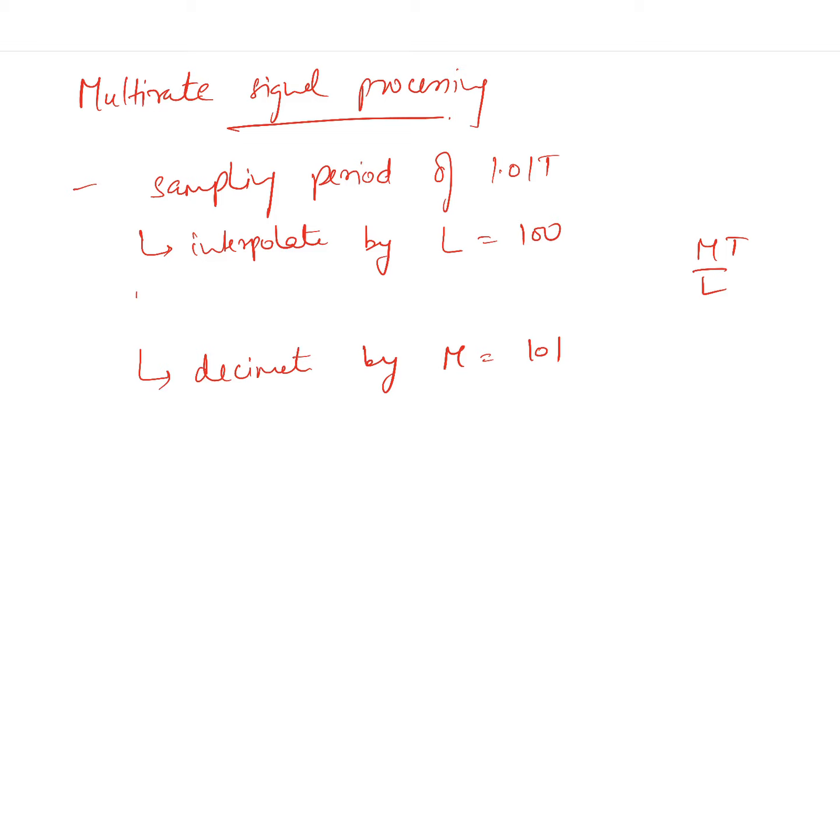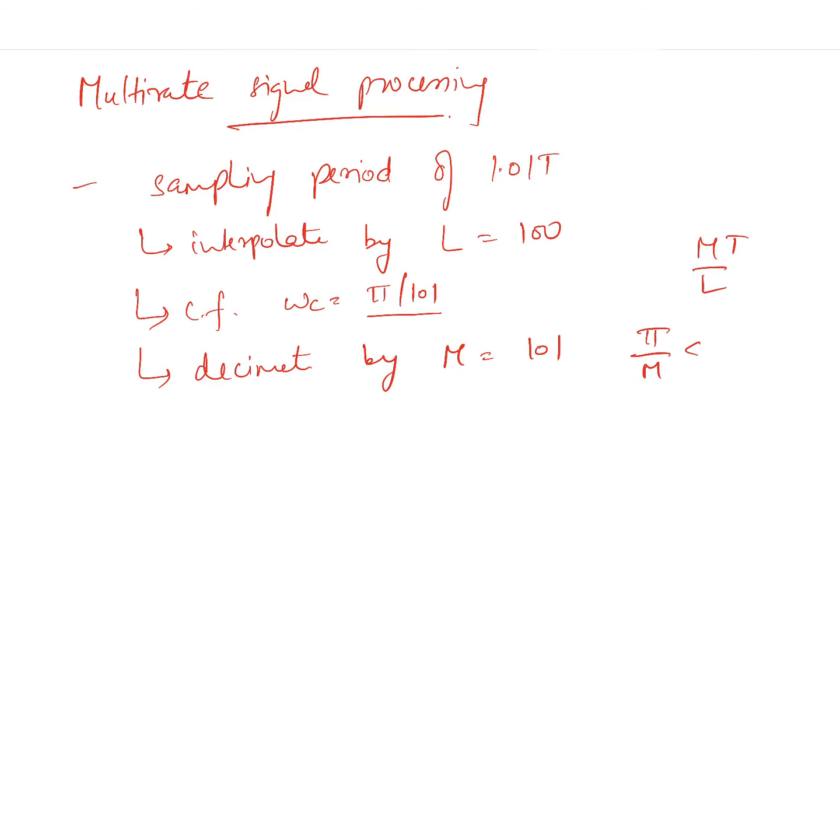And the cutoff frequency of the intermediate filter, omega c, should be pi by 101. Okay, because pi by 101, or pi by M, would be lesser than pi by L in that case, right? So we require the cutoff frequency to be pi by M. Okay, pi by 101. So this is how we can achieve this 1.01 times T sampling period.